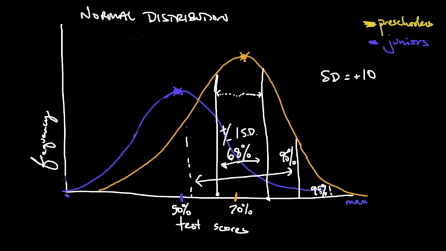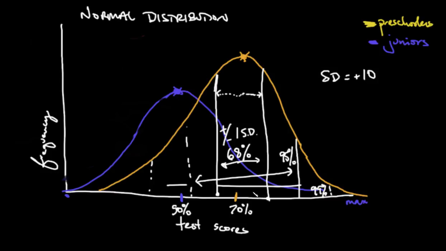So on both sides, total, everything in the middle, right? So this is how we think of a normal distribution, that scores would fall out in nicely distributed terms, and really that only happens when you have a really high sample size or lots of data points. But the same would be true for the junior bell curve.